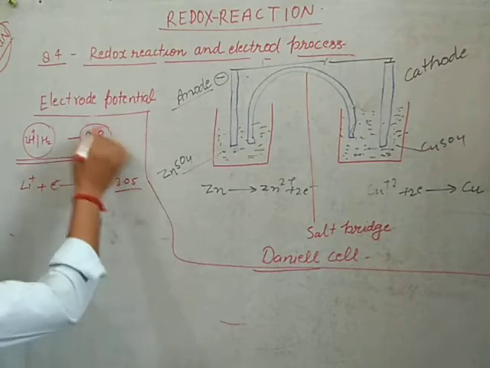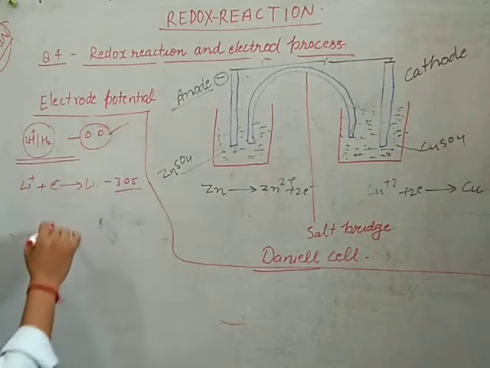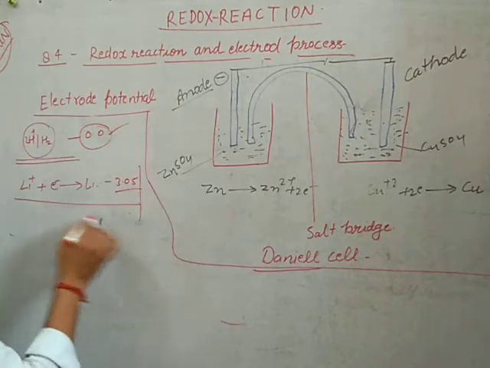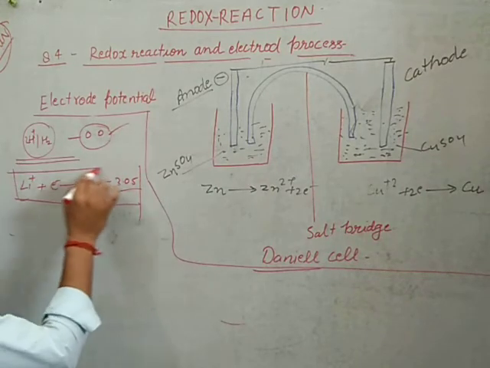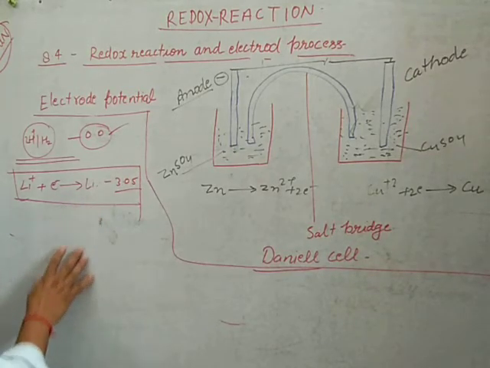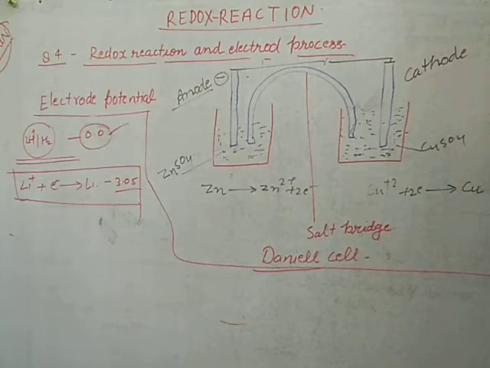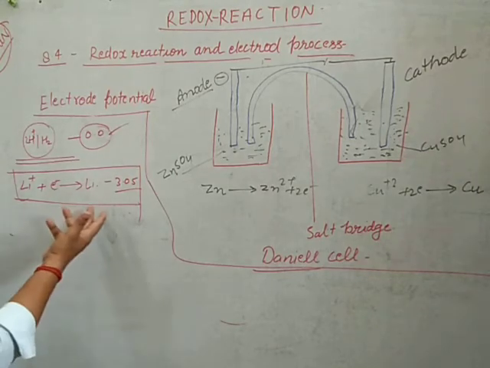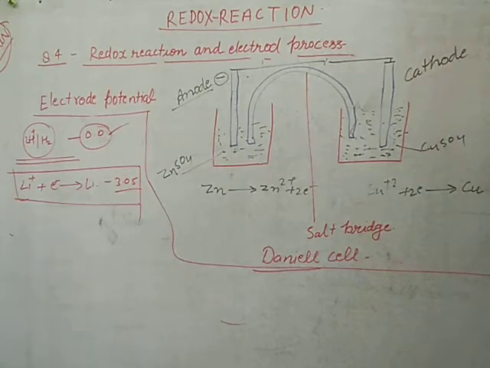And for hydrogen it is 0. So this one is a strong reducing agent. Means as the value increases in the negative direction, the tendency and reactivity of the species increases in comparison to hydrogen.